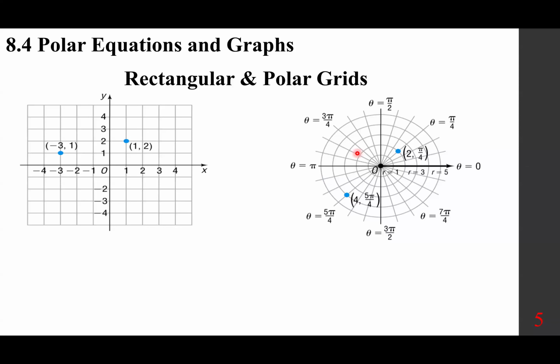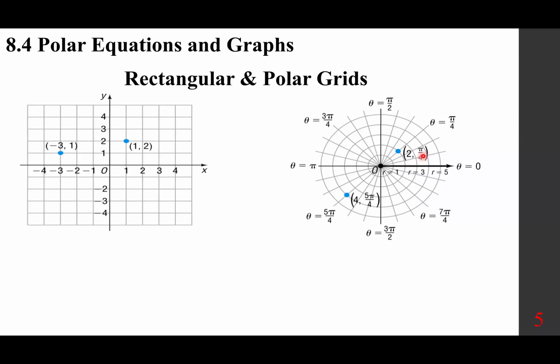And again, if you put them together, in essence, the y-axis has the equation theta equals pi over 2. And then you draw concentric circles. For example, this is r equals 1, r equals 2, r equals 3, and so forth.